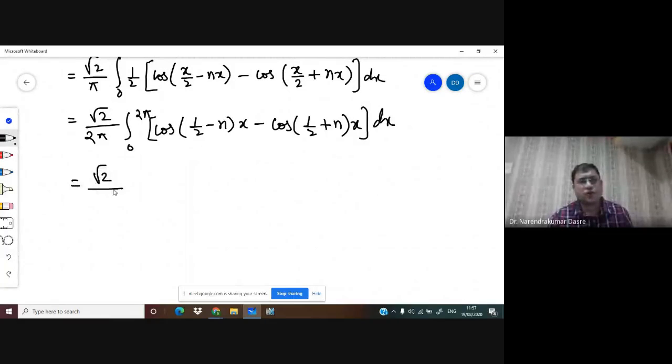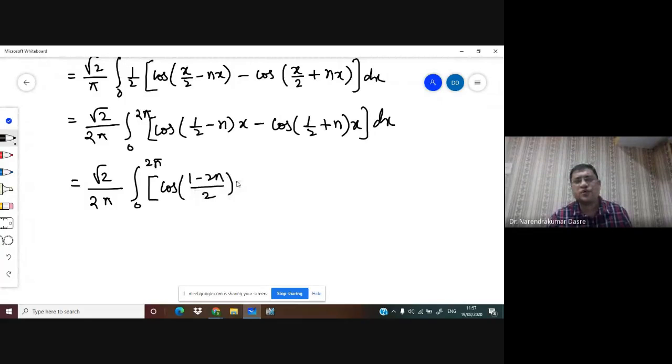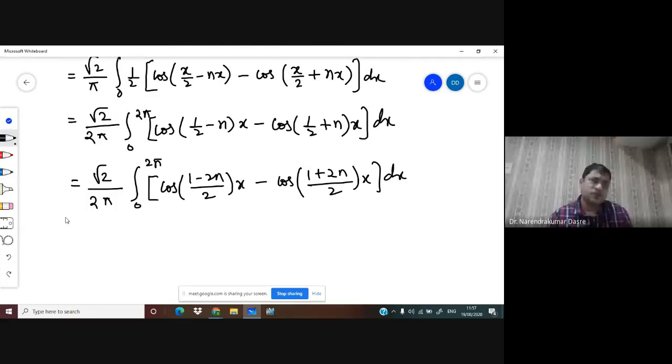So you will be having 2 upon 2π, then integral 0 to 2π. Here we have cos of ((1 minus 2n) by 2)x minus cos of ((1 plus 2n) by 2) into x and dx.